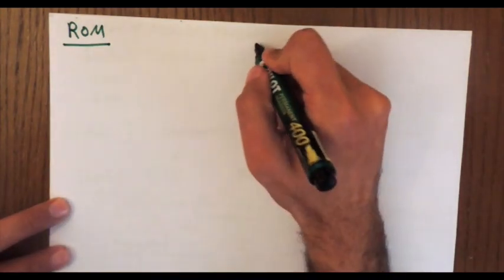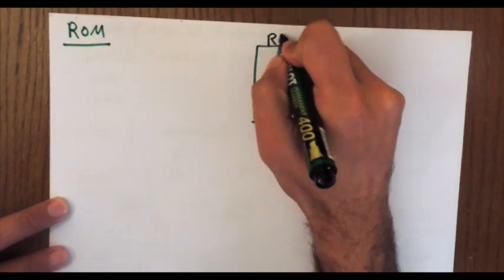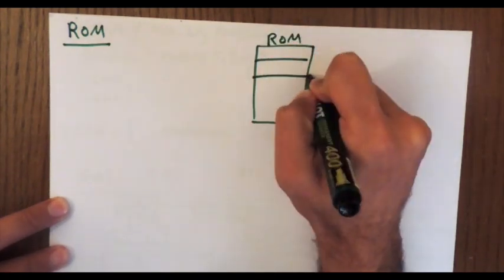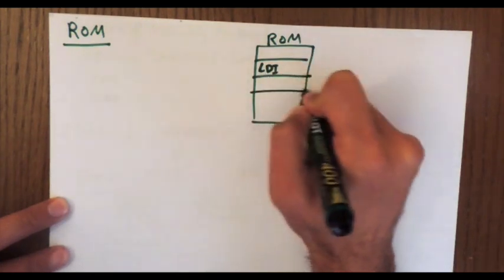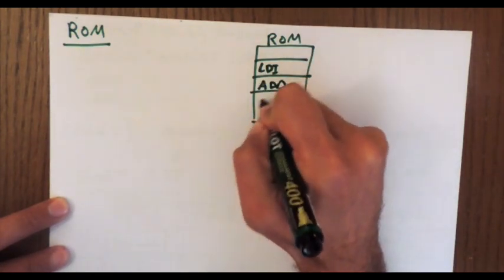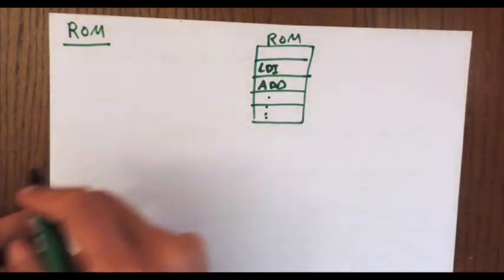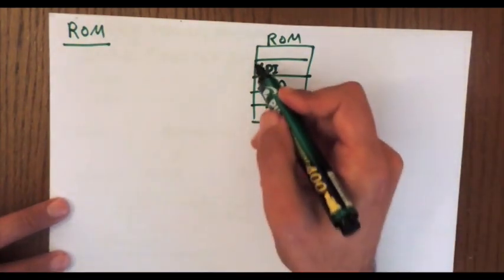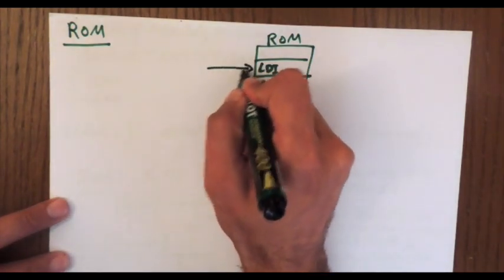So for the program memory, the ROM, we have this instruction LDI, and then we will have add and several instructions. So first of all, who's responsible for choosing which instruction? There is a counter called PC.